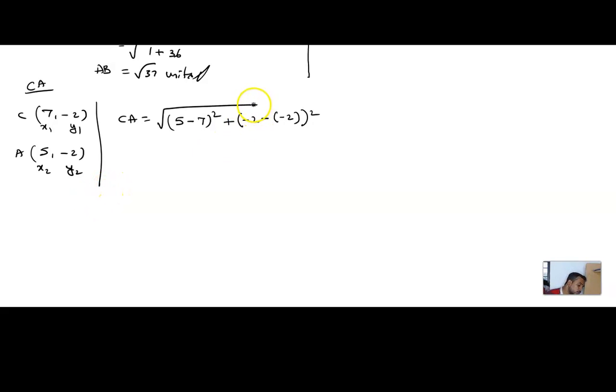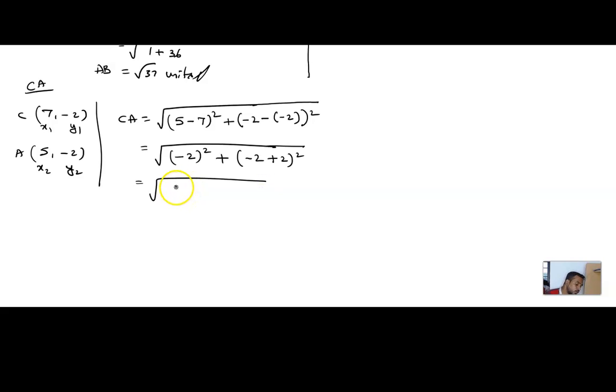Why? Because this complete square root should come till here. So that is equal to root of 5 minus 7. In 5 can you subtract 7? No. No means, take 7 minus 5, that is -2 whole square, plus (-2 minus into minus, plus 2) whole square. So root of (-2) whole square, it is 4, plus (-2 plus 2, that is 0) whole square.